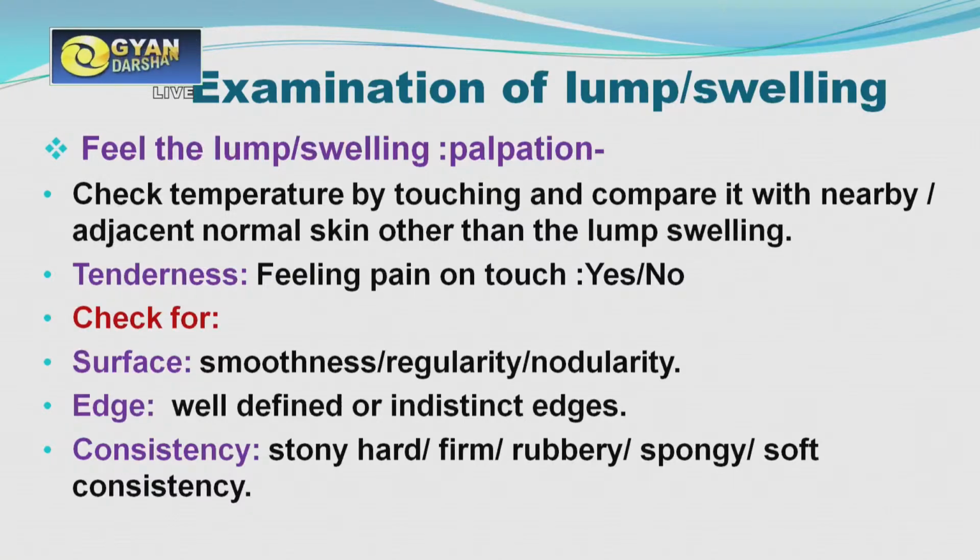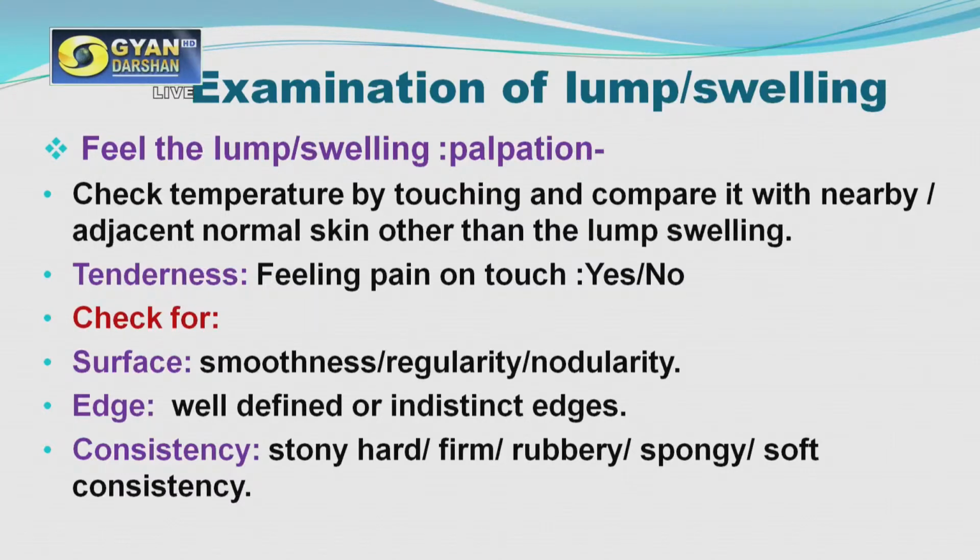Then in case of tenderness, you can feel pain on touch. When you just touch the lump, if the patient complains of pain, it means that area is tender. Then you check the surface over the lump, whether it is smooth or regular, or nodularity is there and you can feel the nodule.